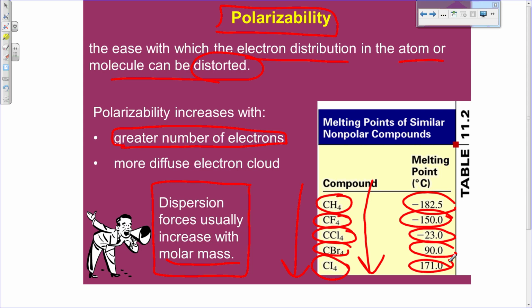The reasoning is because the greater number of electrons makes the cloud more polarizable, therefore it exhibits greater intermolecular forces. The other part of polarizability is the more diffuse the electron cloud, meaning the more elongated the molecule is, the easier it is for the molecule to become distorted, or the electron cloud to become distorted.